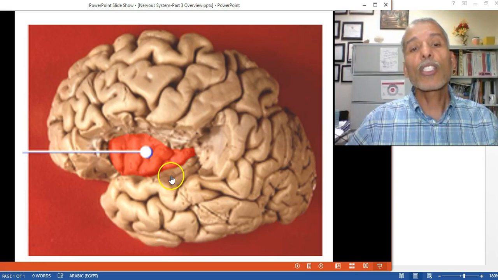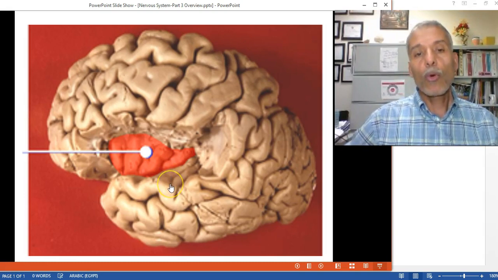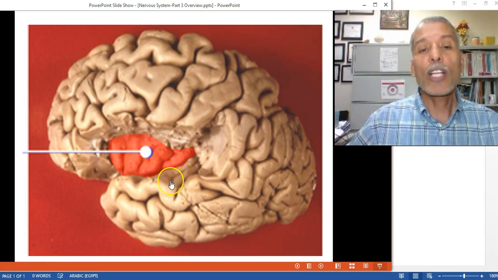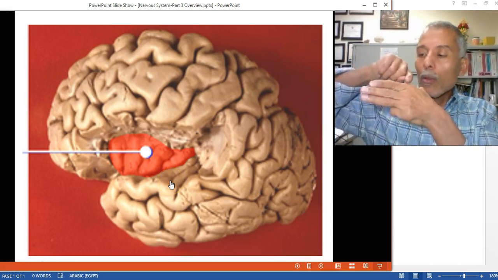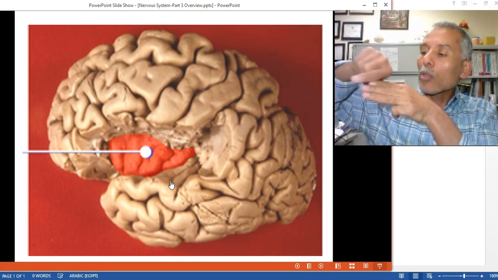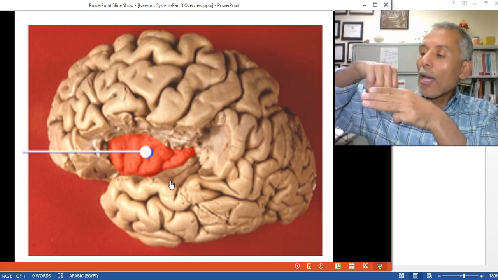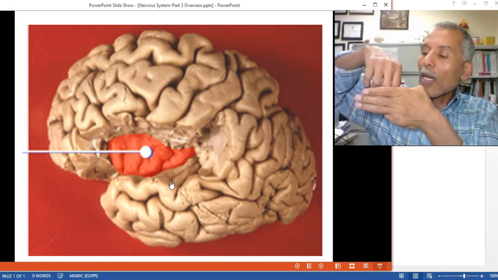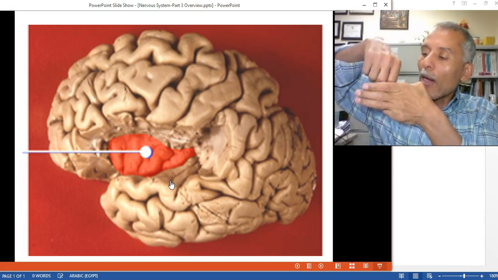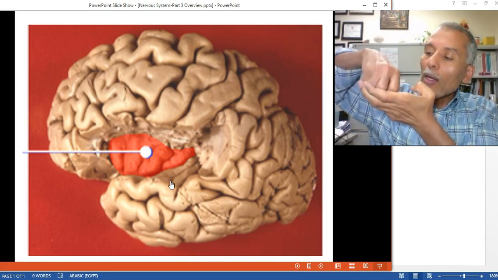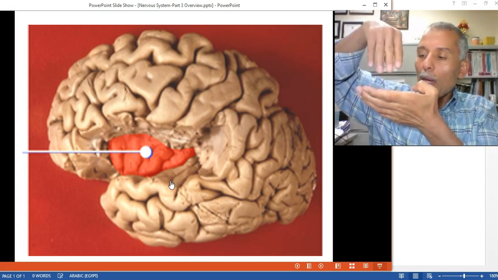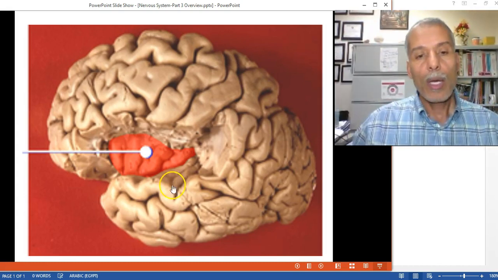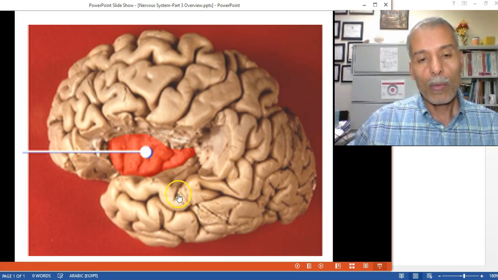So these are Heschl's gyri, and we call them the transverse gyri of Heschl because, see, the temporal lobe gyri are going this way. And Heschl's gyri are coming from above and going transverse, like 90 degrees perpendicular on the temporal gyrus, the superior temporal gyrus.